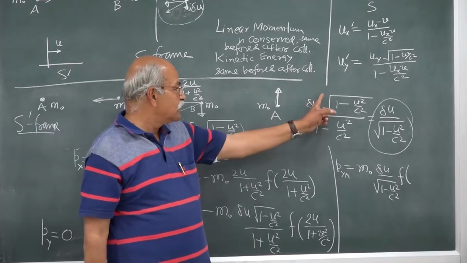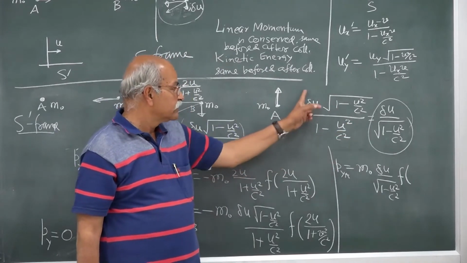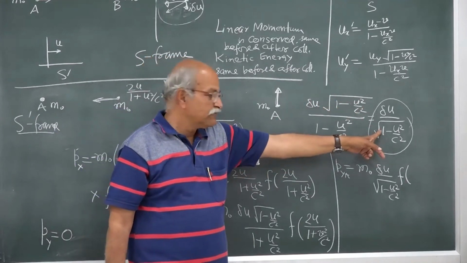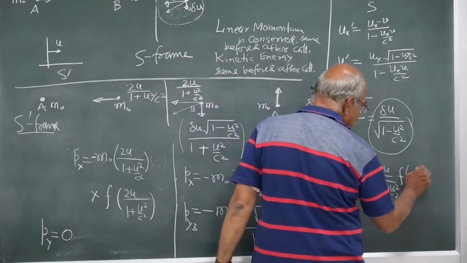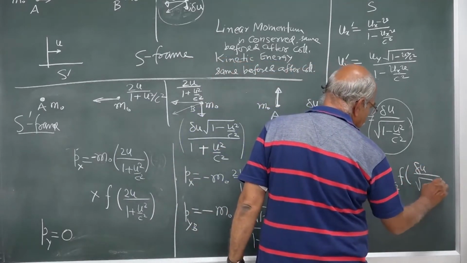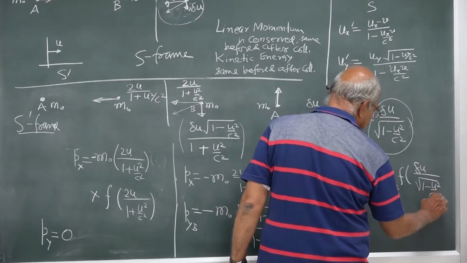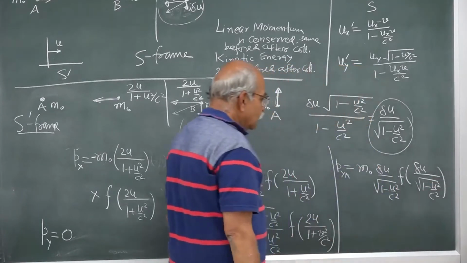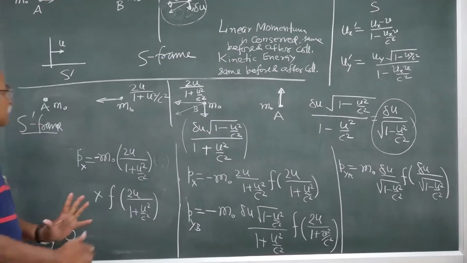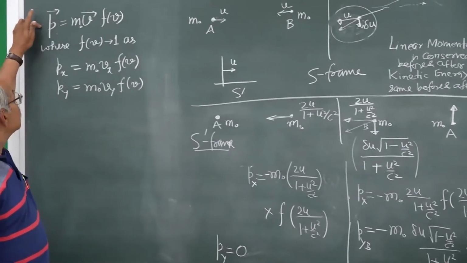And what is the speed now? This is the speed, and we should write that delta u by square root 1 minus u square by c square.